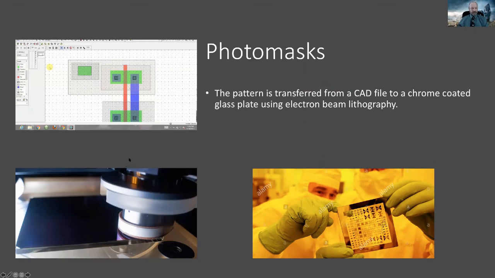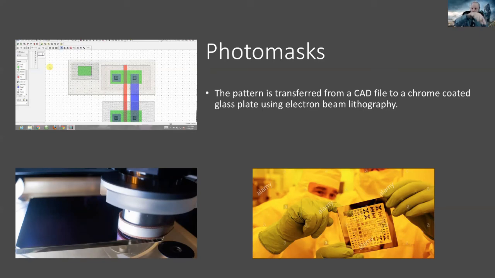On the bottom right is a test mask with a bunch of different structures on it that engineers use to set up their processes and understand where the tolerances are. And I think the thing on the bottom left is a mask making tool. You coat a piece of glass, usually quartz, with chrome, then you put a photosensitive material on it, and you do an electron beam drawing of the pattern that comes directly from the CAD file.